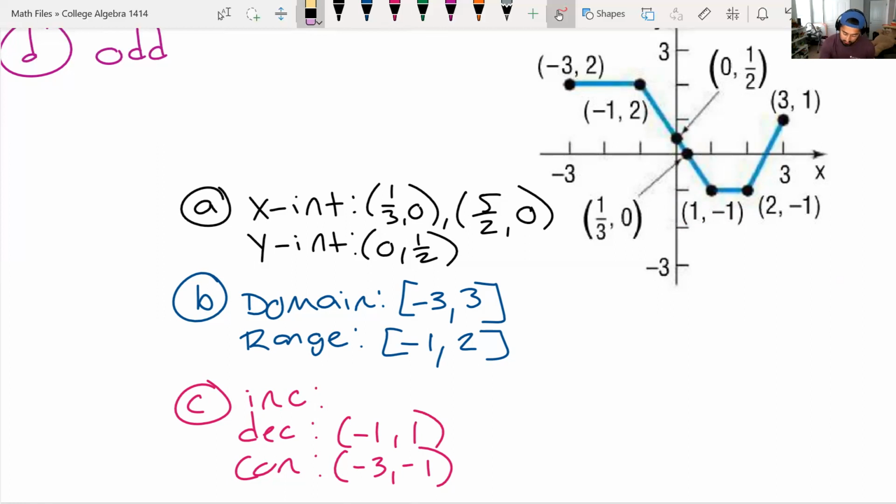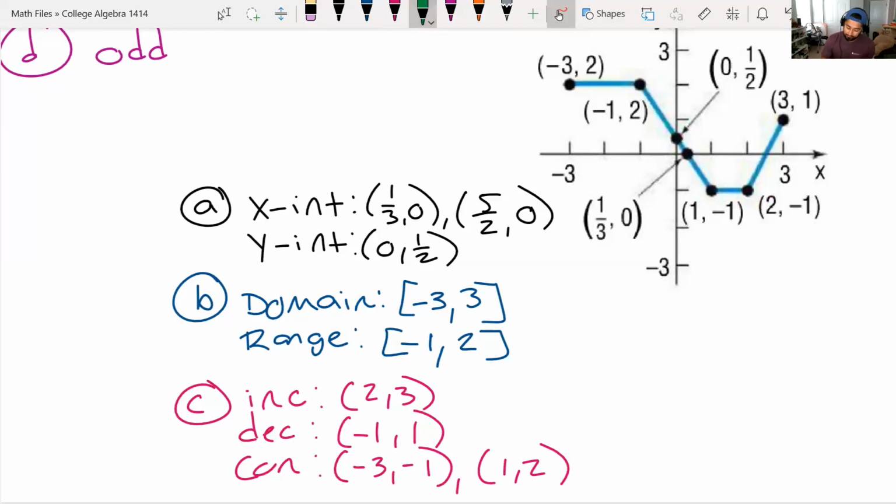Let's see. And then from 1 to 2, we remain constant again. So from 1 to 2, we are constant. And then from 2 to 3, we increase. Hey, look at that.